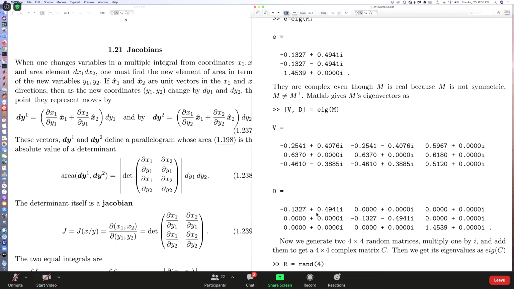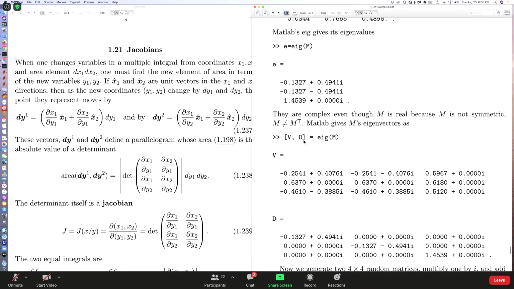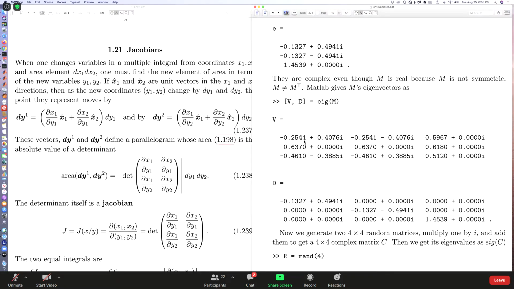Oh, the reason for that is that you can then take V times D, which will give you the original matrix M.